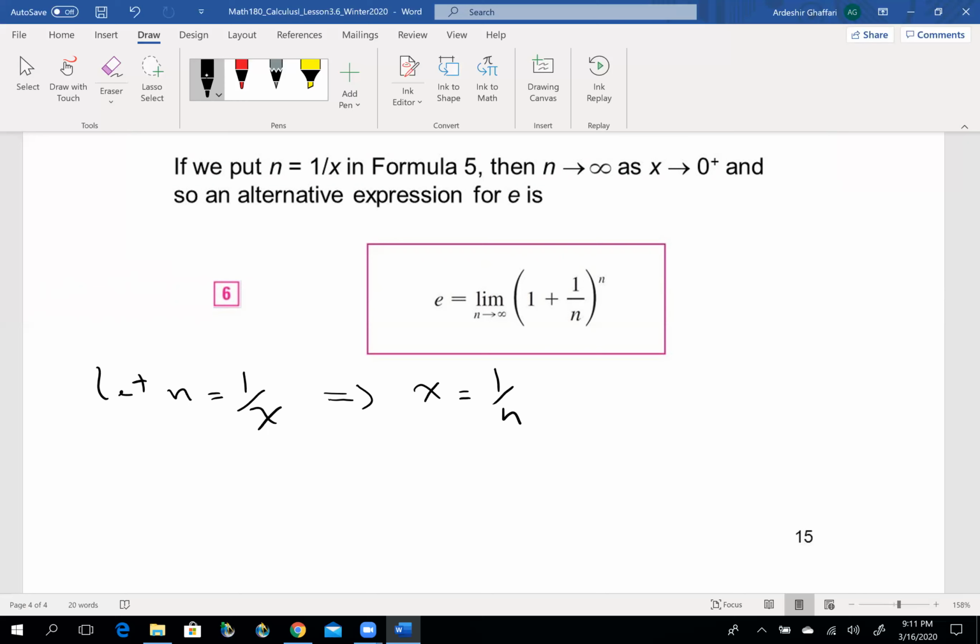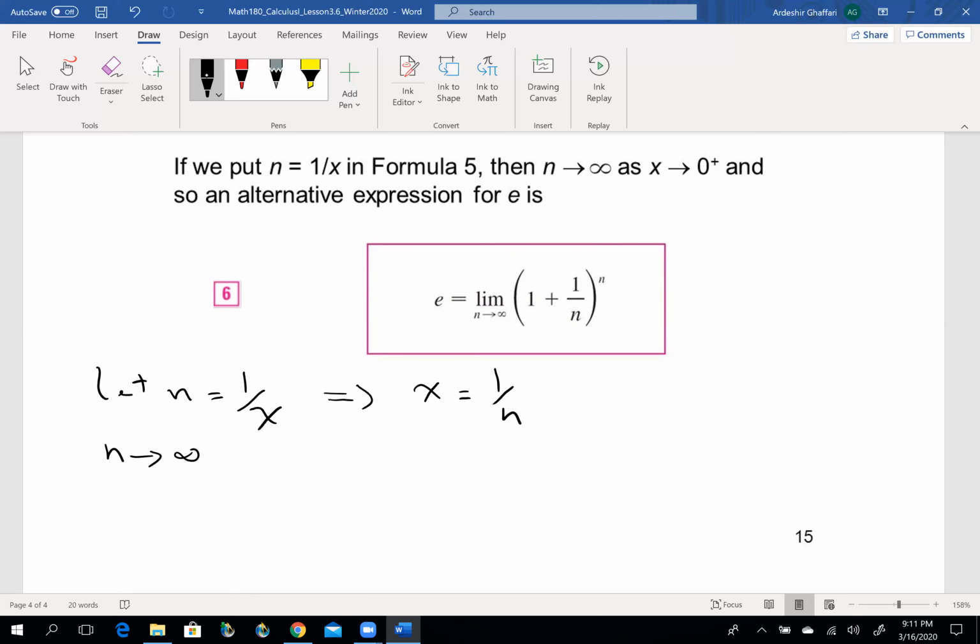Look, if x approaches 0, then n approaches infinity.